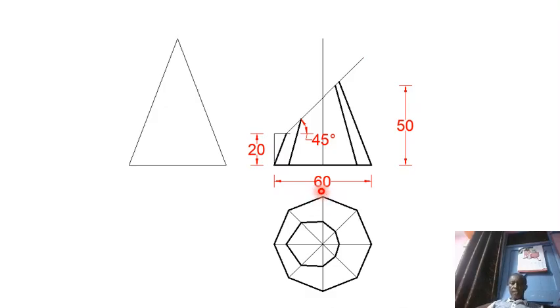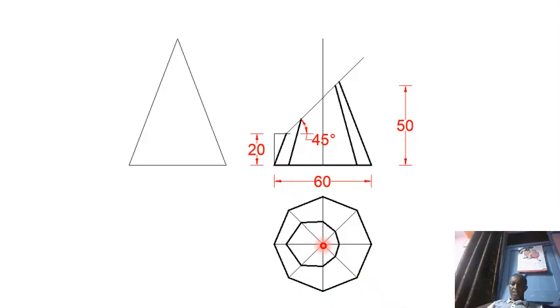Now once you've measured this, then we want to get the center of this pyramid plan. Because the whole of this is 60, we expect half of it to be 30. So just measure 30 up to there, you get to the center.